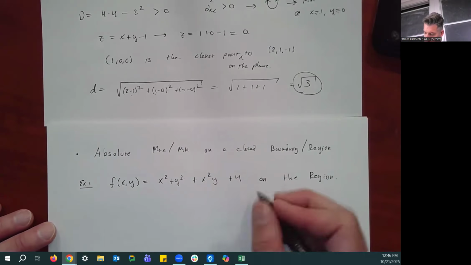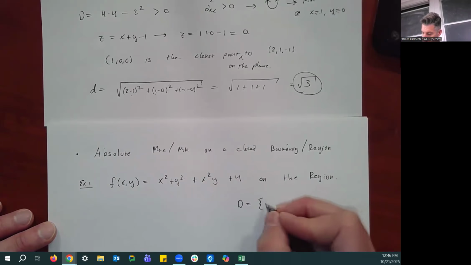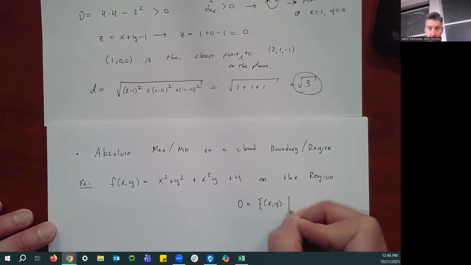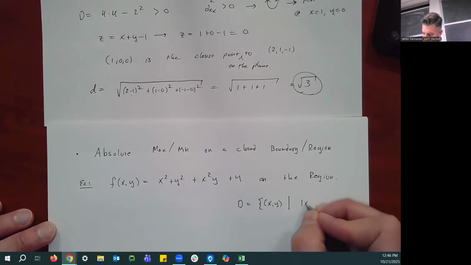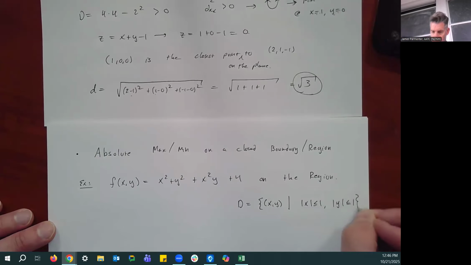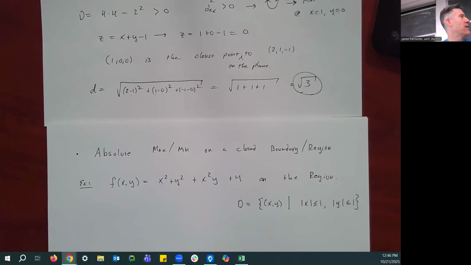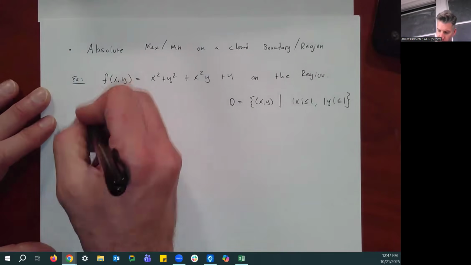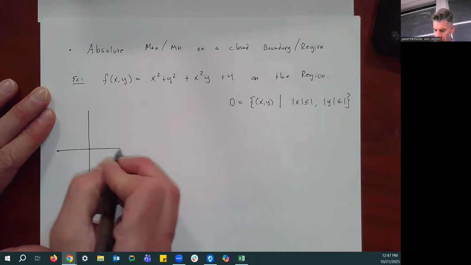I'm going to say our domain D is the set of all points (x, y) such that the absolute value of x is less than or equal to 1 and the absolute value of y is less than or equal to 1. Essentially, it's all the points inside a 2 by 2 square.